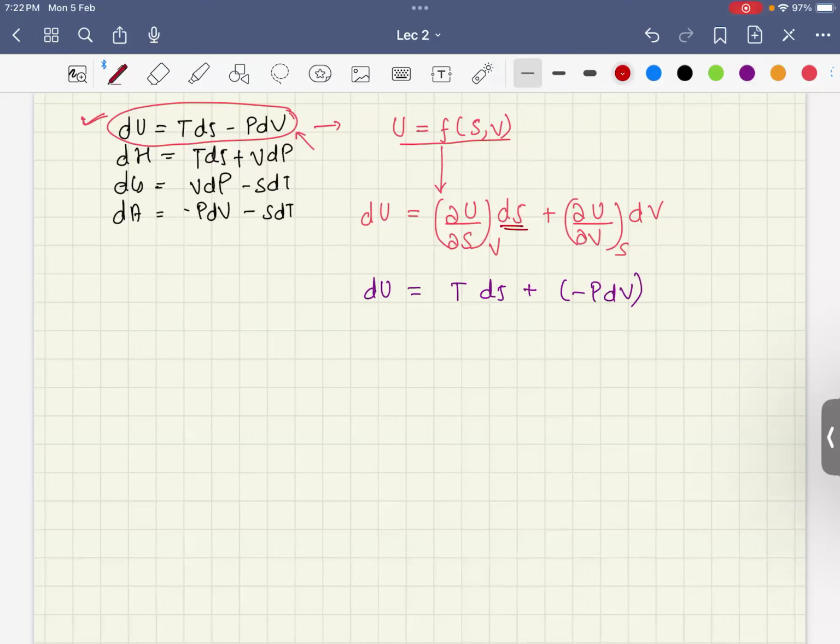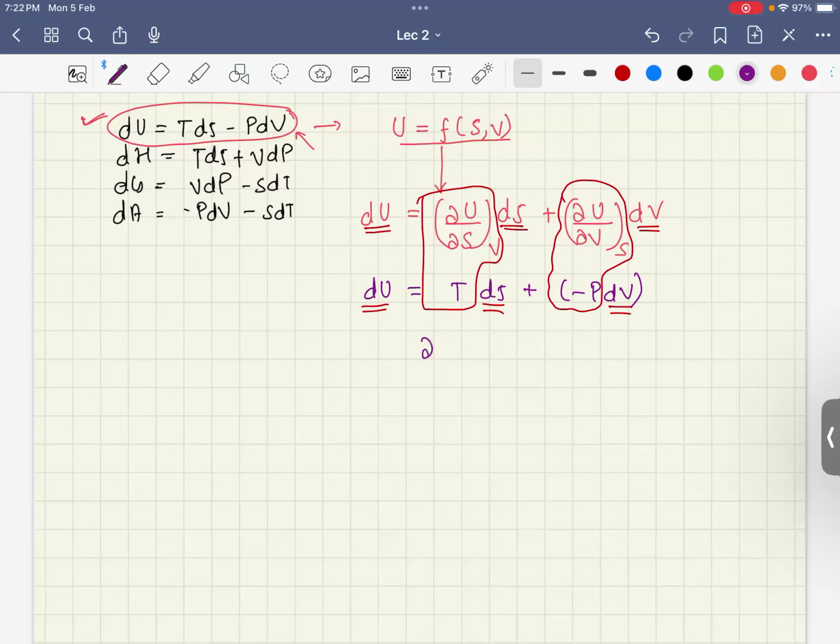Now this ds is the same as this ds, and this v is the same as this v. Then we can say that these two are the same, that means these are nothing but coefficients.